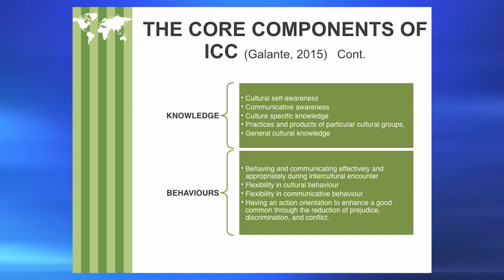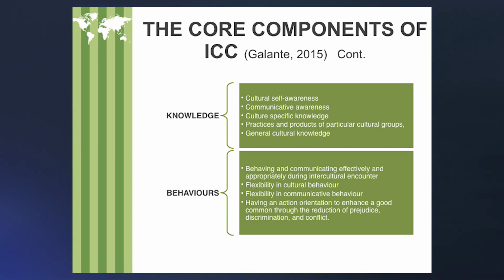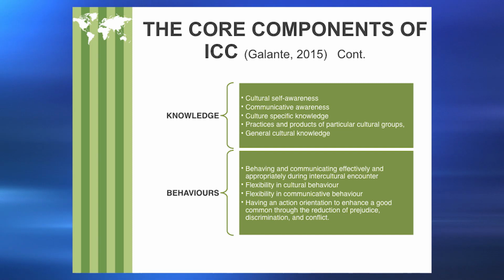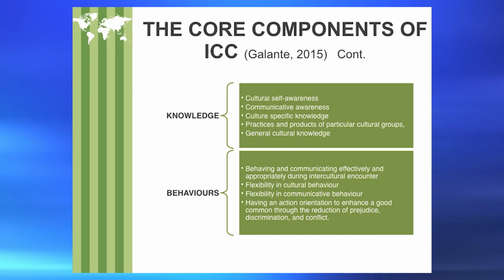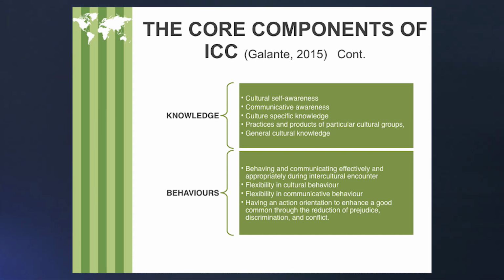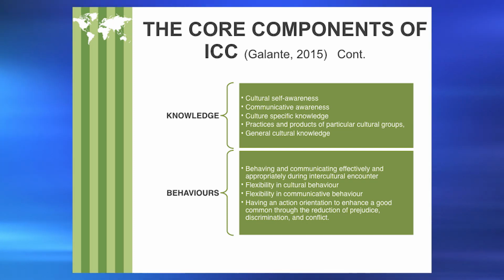The third is knowledge: cultural self-awareness, communicative awareness, especially of the different linguistic and communicative conventions within different cultures, culture-specific knowledge, especially knowledge of the perspectives, practices, and products of particular cultural groups, and general cultural knowledge, especially knowledge of the process of cultural, societal, and individual interactions.